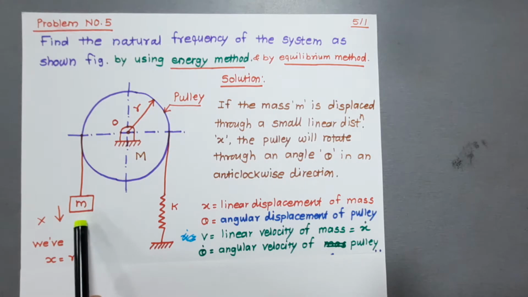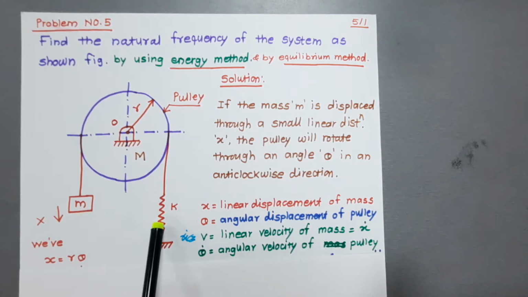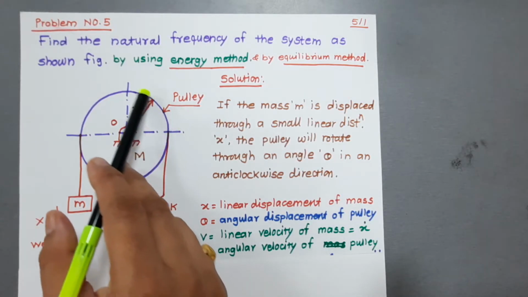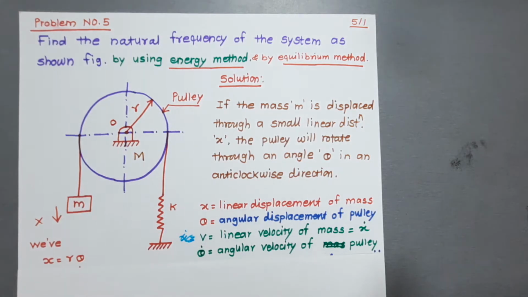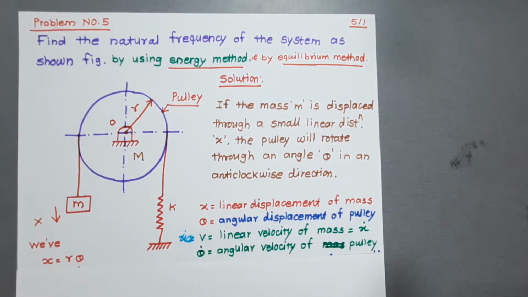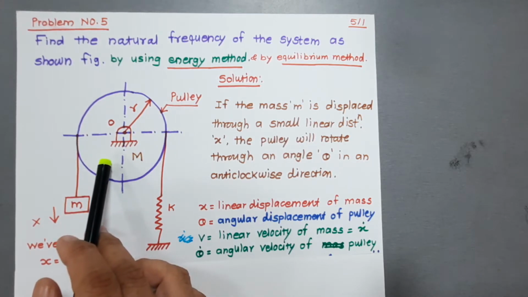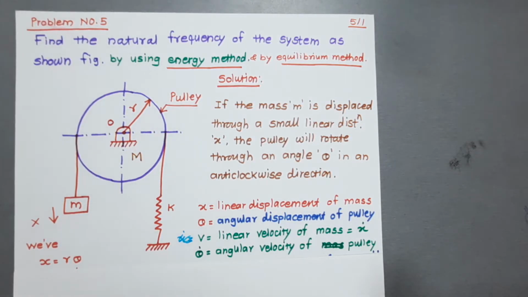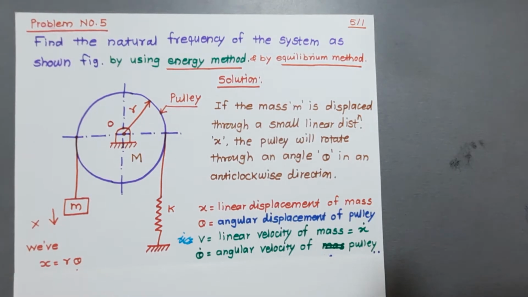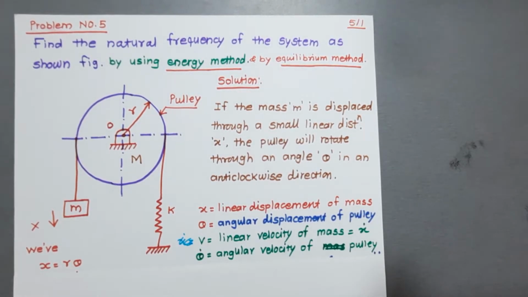Here m is the mass passing over the pulley, while K is the spring stiffness. So we have a spring, small m and capital M pulley system. For this system we have to determine the natural frequency equation by using the energy method and the equilibrium method.